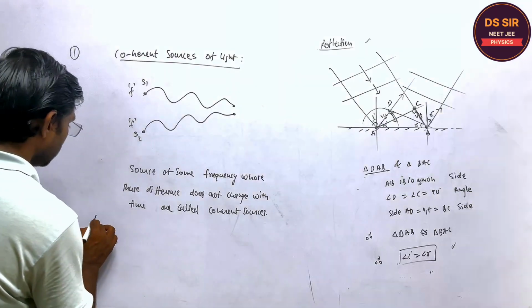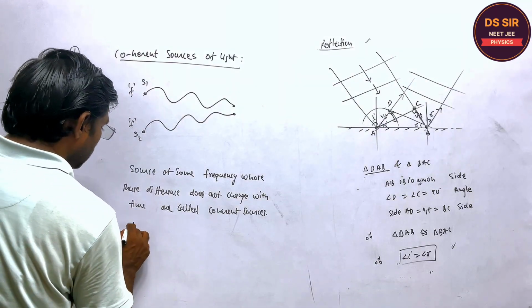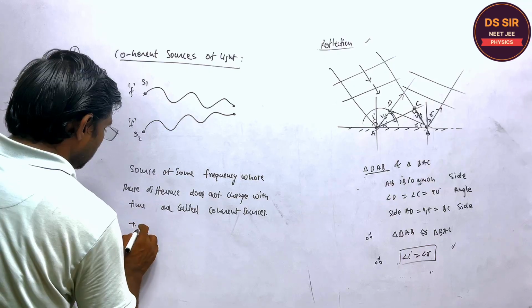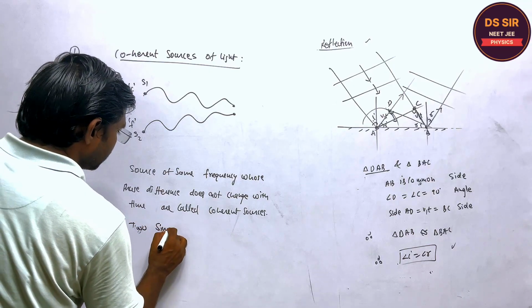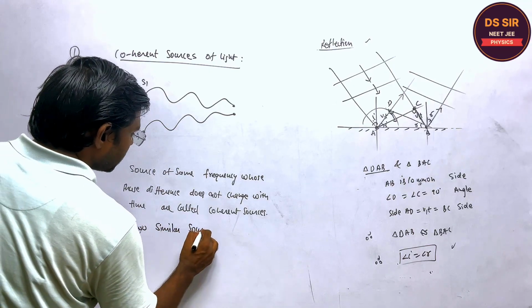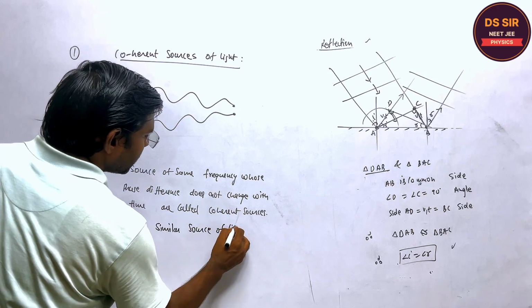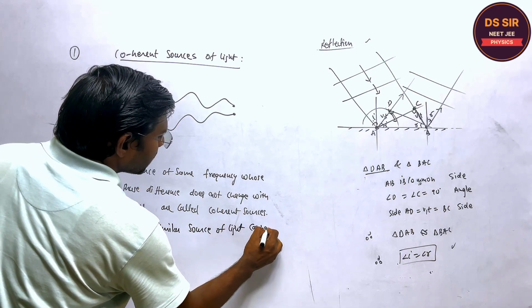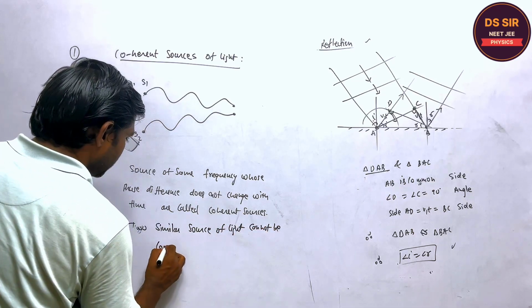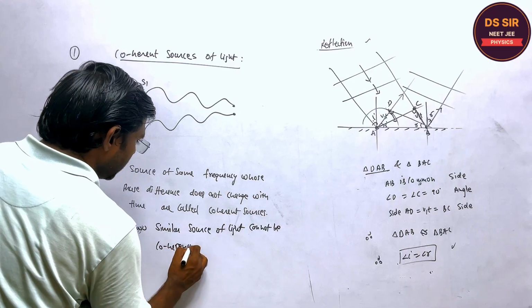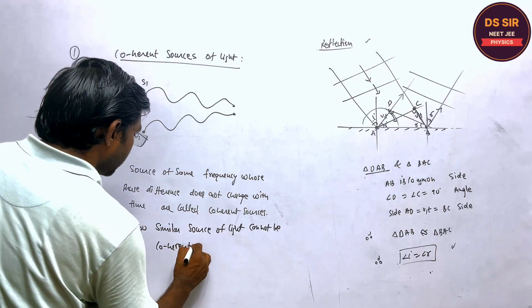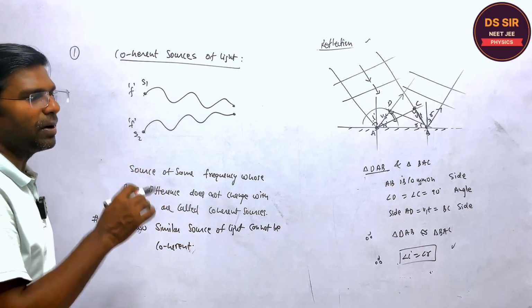Copy this. So the very important point is that two similar sources of light cannot be coherent. It is not necessarily coherent even if you take two bulbs of the same power.